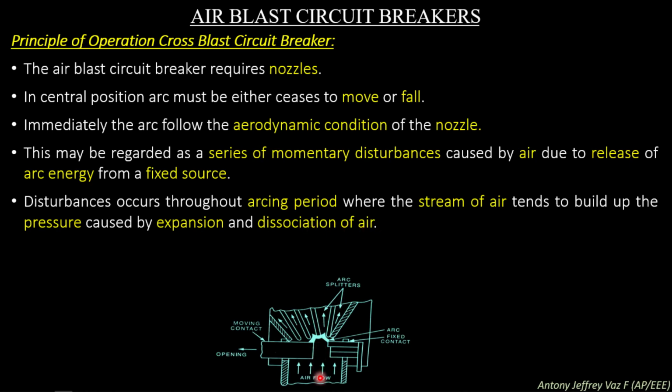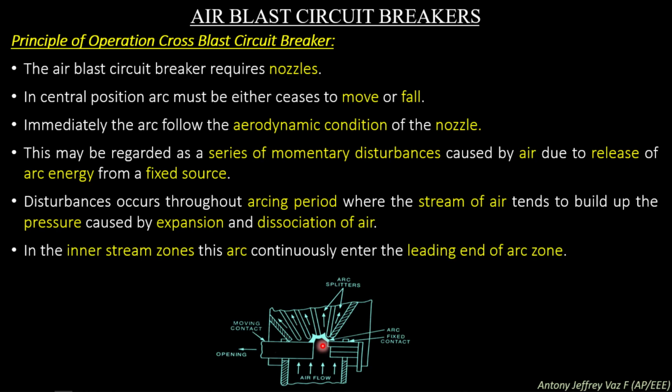Since the air is blown through the nozzle which is right angled to the arc, during the arcing period the stream of air helps to increase the pressure across the arc splitter plates and also across the two contacts. So the expansion and dissociation of air will take place. In the inner stream zone, this arc continuously enters the leading end of the arc zone.